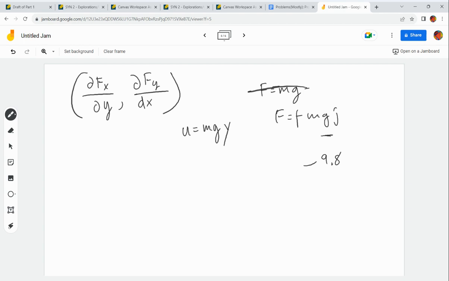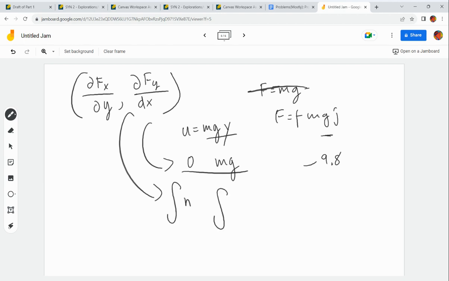So what does that mean? It means that it's conservative, for two reasons. You can take the derivative of this to get 0 and mg, or it's one way of getting a potential function by doing an integral of mg.